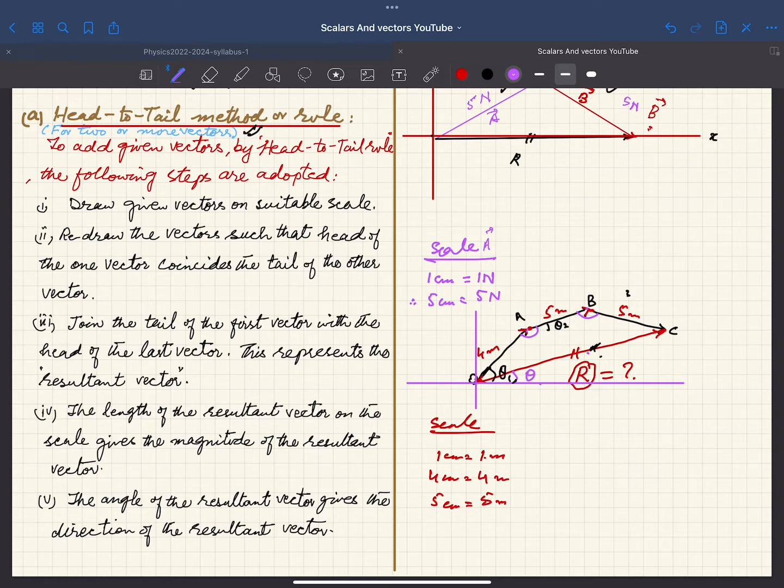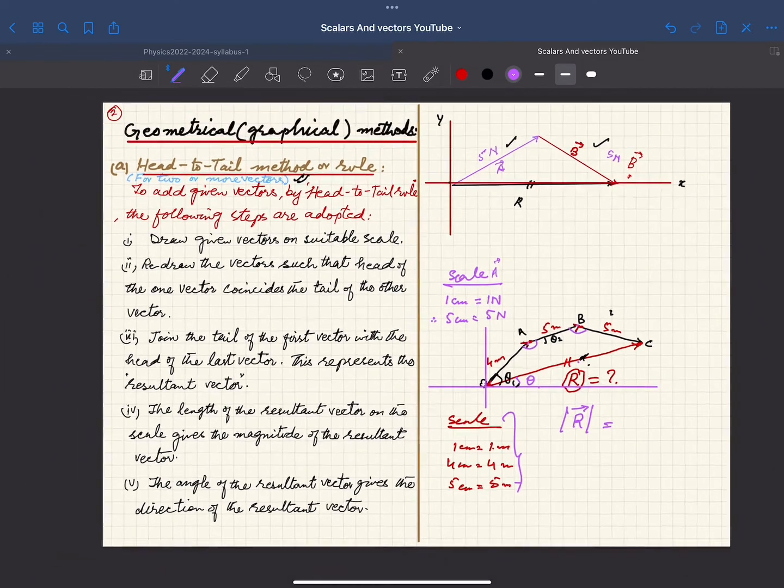And of course, as I have already mentioned, when you are taking any vector, like the resultant vector, one representation is for the magnitude, and this you can get with the help of the scale which you have considered here. So this is a graphical method, the first graphical method, the head to tail rule.